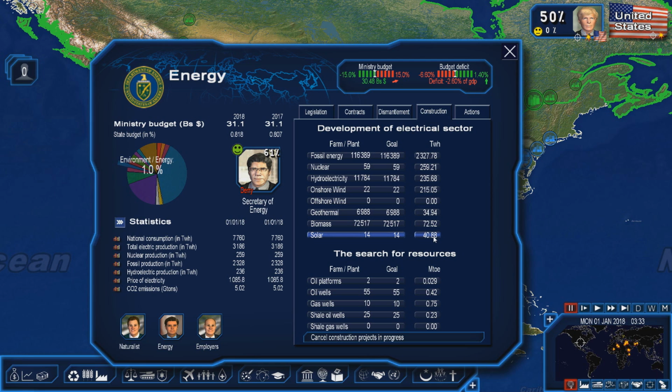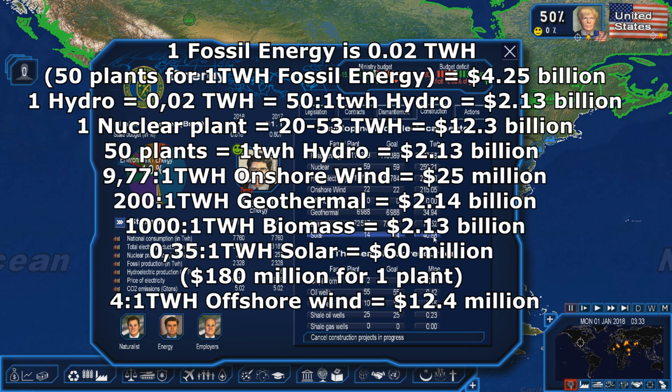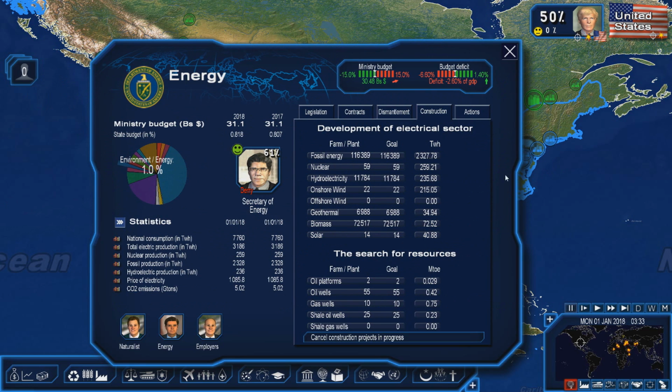However, nuclear electricity produces the most terawatts of power for one facility only. So I'm going to put it up right now, the energy productions that you need to produce 1 terawatt with each of these facilities. I'm going to put it up right now.